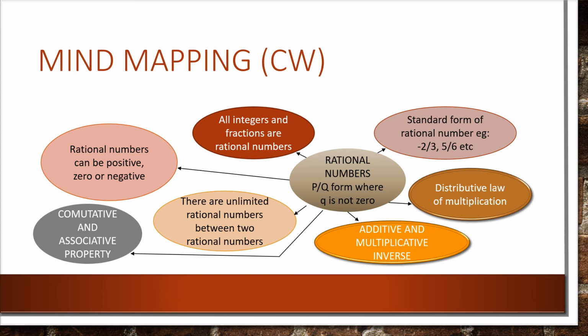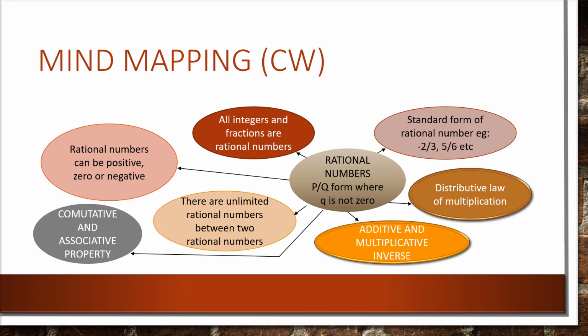Now since we have come to the end of the chapter, you have to do the mind mapping, and it's again your classwork. So I have shown the mind mapping in this manner. You can always change it in your own way. Okay, so it's just a recap of the entire chapter. See, in the center I have written rational numbers, which is in the form of p by q, where q is not equal to 0.